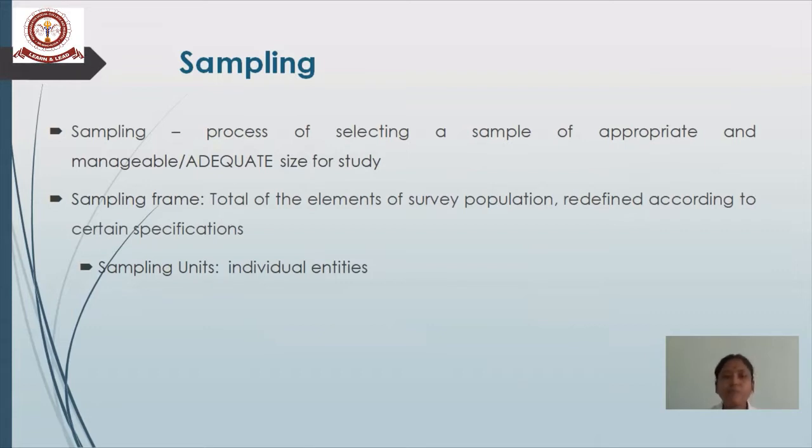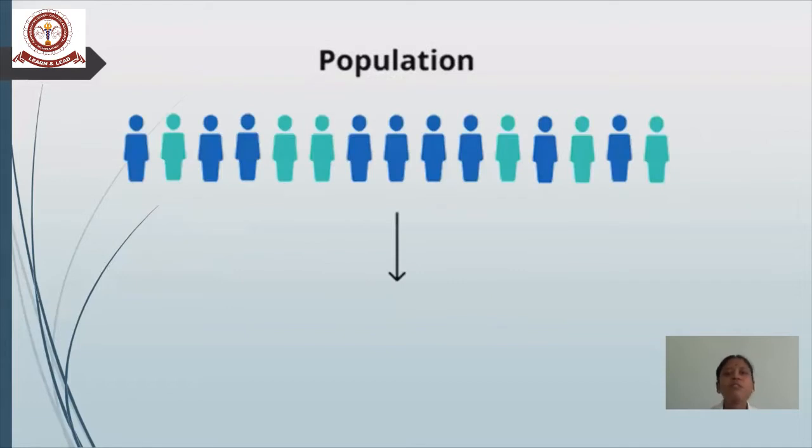The next is the sampling frame. It mainly contains the total of the elements of the survey population, which is defined according to certain specifications. And the sampling units include the individual entities which form the prime focus for sampling. Next, coming to sample. Here we have the total population, but we can't take all of it.